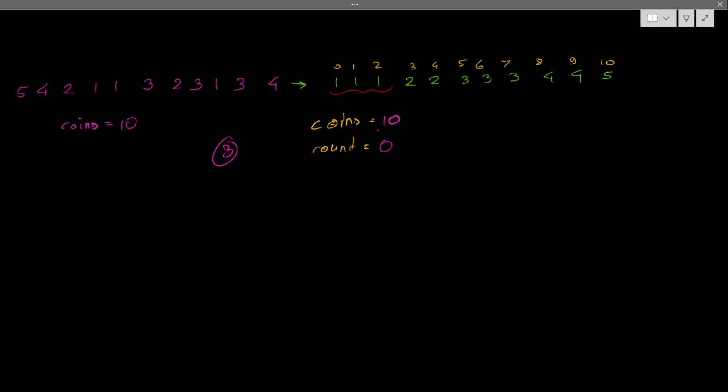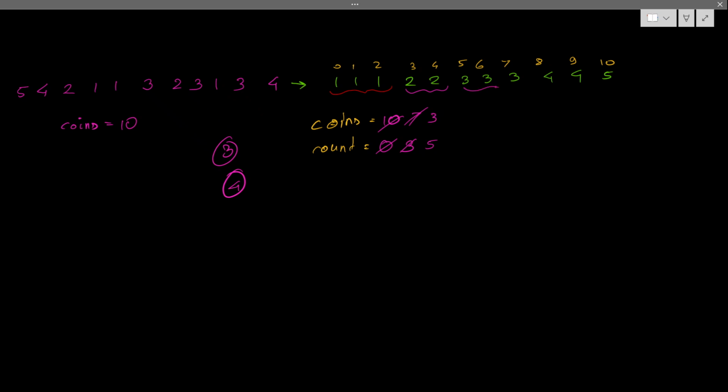I can buy the entire bunch. Instead of checking one by one, I can check the entire bunch. So if I buy it, count becomes 3 and coins become 7. Then I will group the next one and check: can I buy this? Total cost is 4, current coins is 7. Yes, I can buy the entire bunch. So it becomes 5 count and coins become 3.